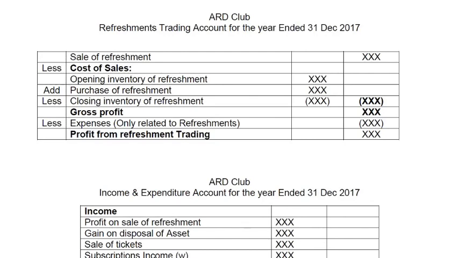One more important difference between a profit-making organization and a not-for-profit organization is that the profit that not-for-profit organizations earn cannot be taken back home. It cannot be drawn out of the business. There is no concept of drawing in a not-for-profit organization because it is not owned by someone.